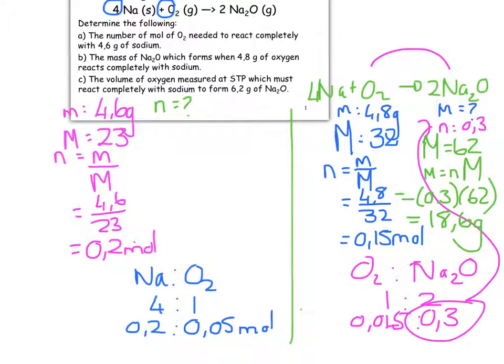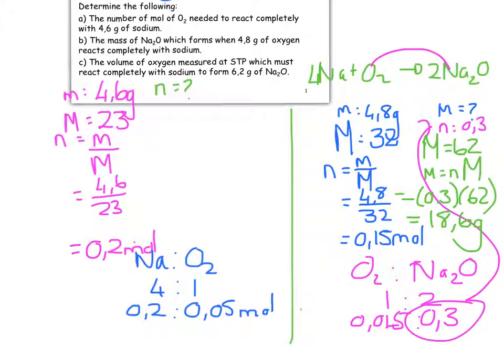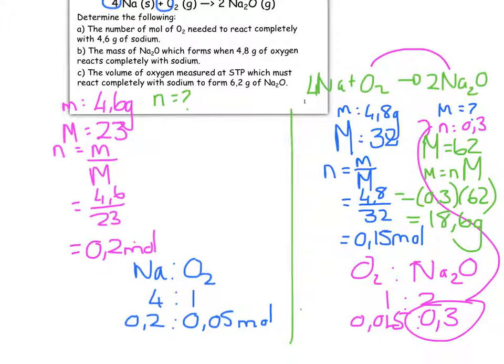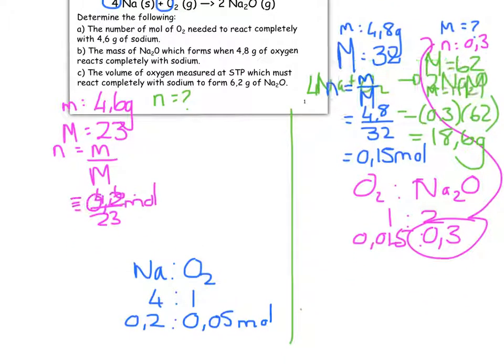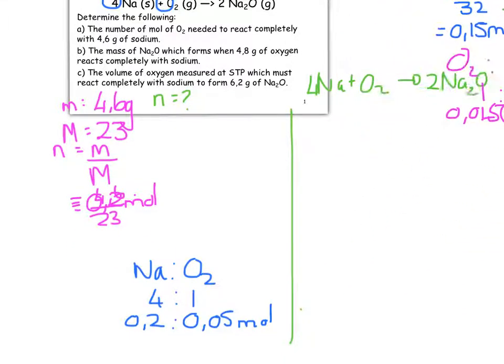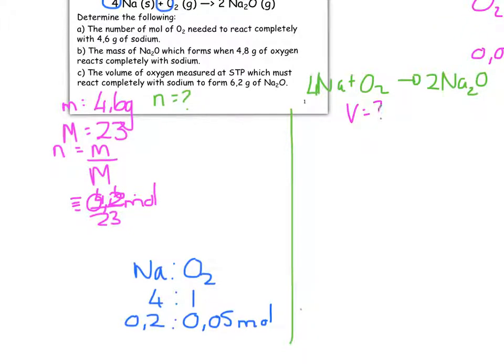The last one that's given over here is: what is the volume of oxygen measured at STP, which must react completely to form 6,2 grams of sodium oxide? So let's take that all up. In fact, we can maybe just clean that away. There we go. And now I'm going to say question mark. What volume of oxygen?